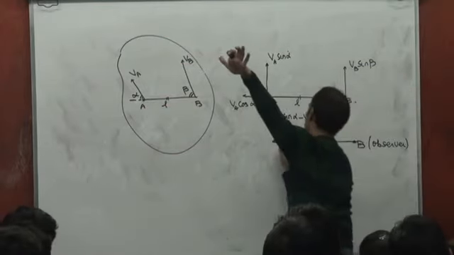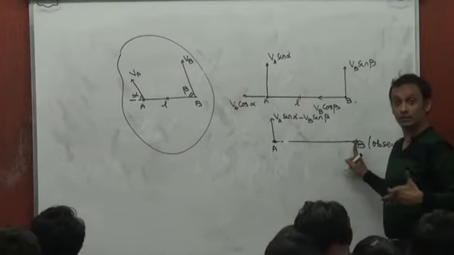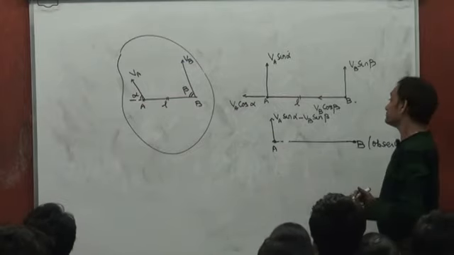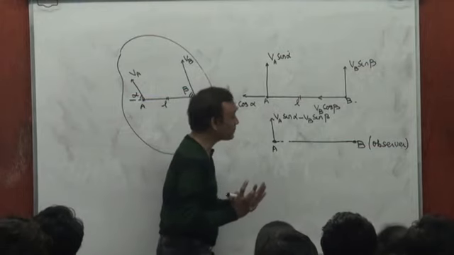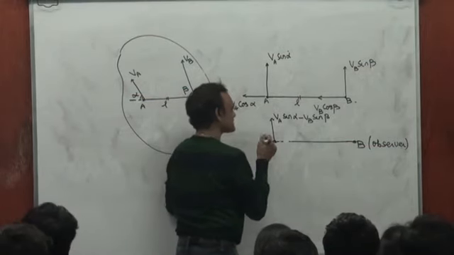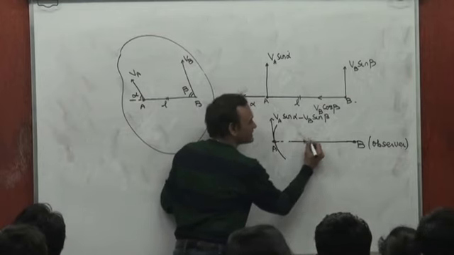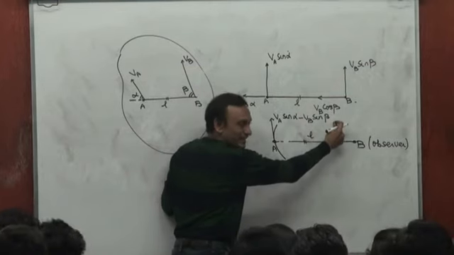Are you alright with this or not? That's the velocity at this instant of time seen by B of A. Which means at this instant of time, B will suggest that A is moving in a circle of radius L with a tangential velocity VA sin alpha minus VB sin beta.